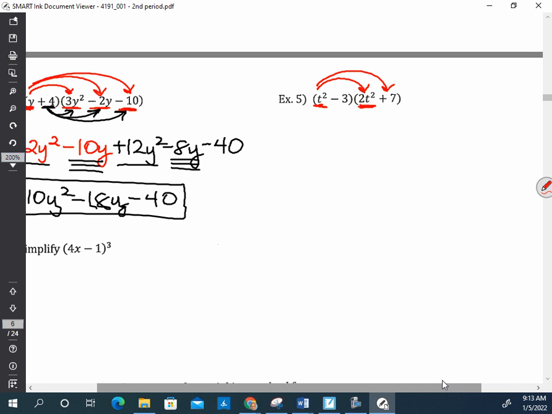If there's no number in front of a variable, it's understood to be 1. So 1 times 2 is 2. T squared times t squared is t to the 4th. Again, the exponents only change when you multiply. You're simply adding them up. T squared times 7 would give you what? 7t squared.